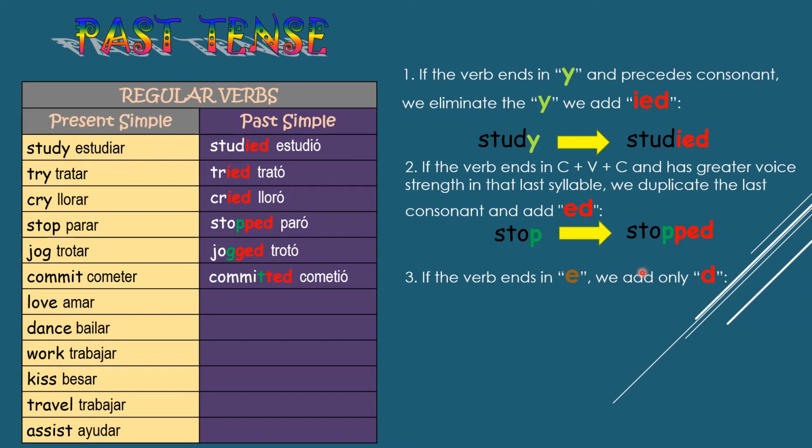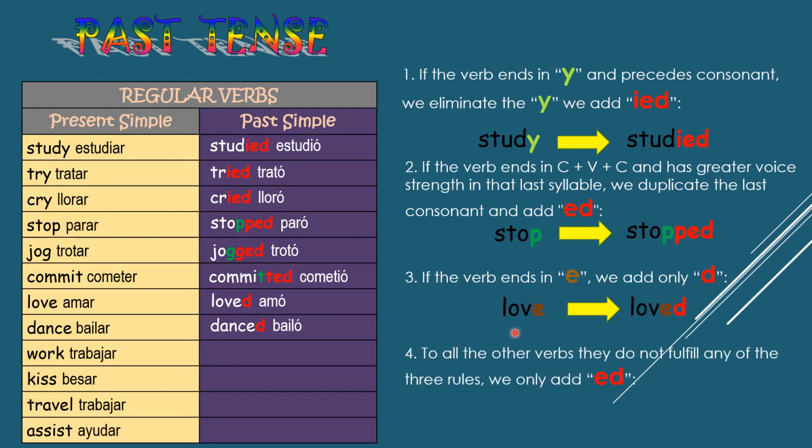Number 3. If the verb ends in E, we add only D. Example, love, notice the final letter is E. In past, you add only D. Loved. Examples, loved, danced. Number 4.